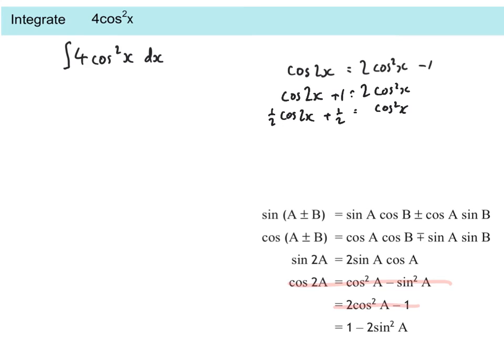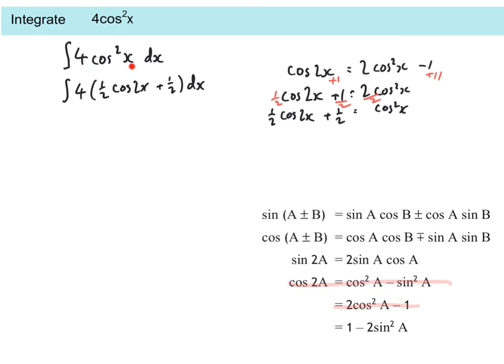So what I've done here, I've added 1 to each side, and then I divided through the whole equation by 2. And I've got a useful identity here. I've got something I can use. I know instead of integrating this, I can integrate 4 lots of a half cosine 2x plus a half with respect to x.